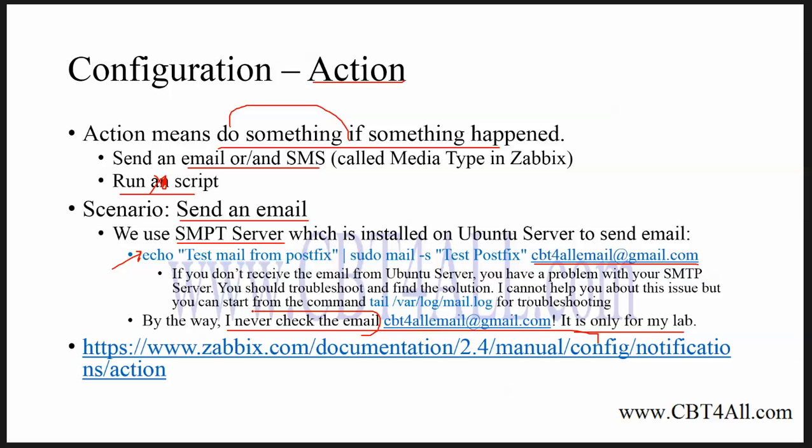Anyway, if you have any problem sending email by SMTP, it means you have a problem in the SMTP server configuration. You have to troubleshoot, and you can use this command for troubleshooting, but troubleshooting is not this video's issue. But if you follow my instructions, you will have no problem.